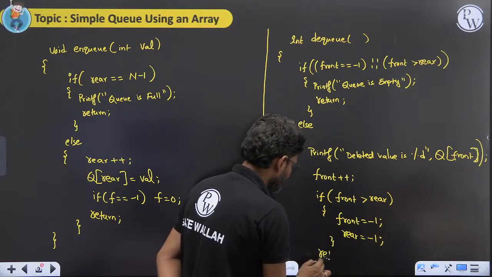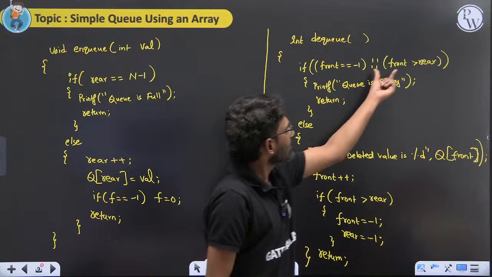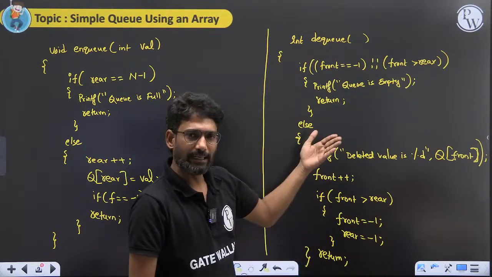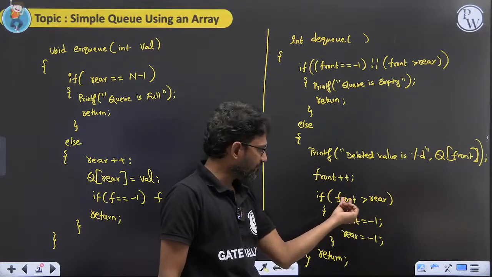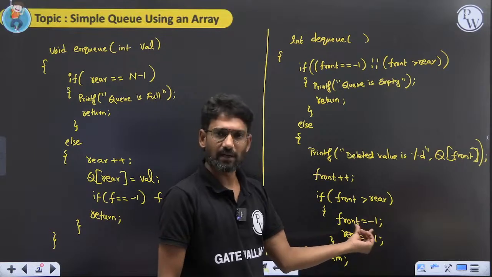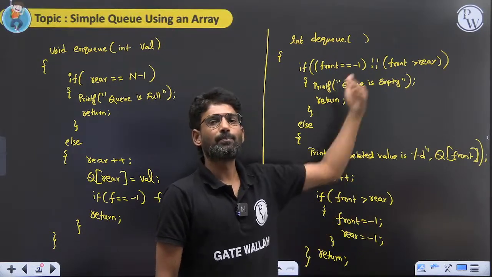Now you return. So with this, if you observe, actually this condition will not be required, because while you delete, you are checking after deletion if front exceeded rear, and you are setting front to -1. So you are not leaving front beyond rear.